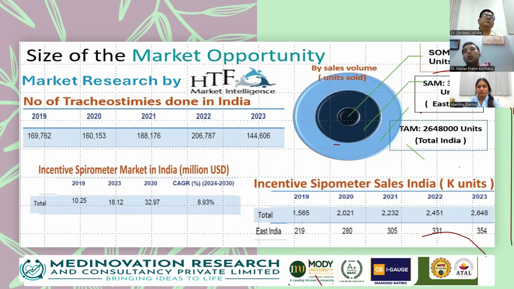Whatever was there in East India, we'll target 10% of that share. So we took the market analysis and we found out that for us, for the sales, we have to make around 35,000 quantities for the initial part.